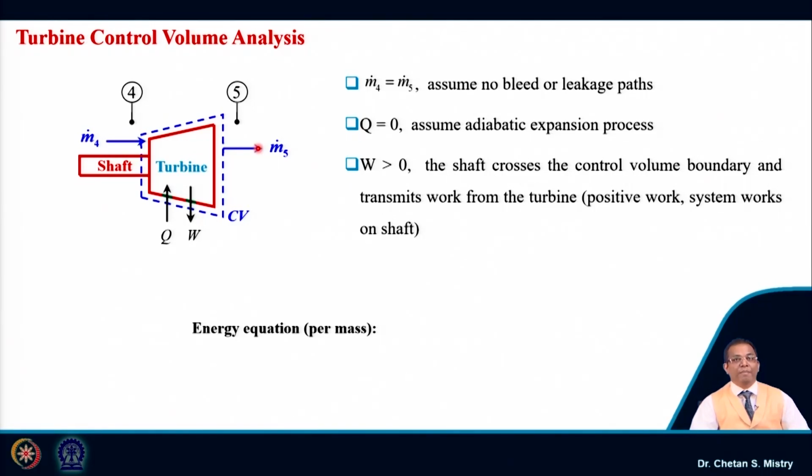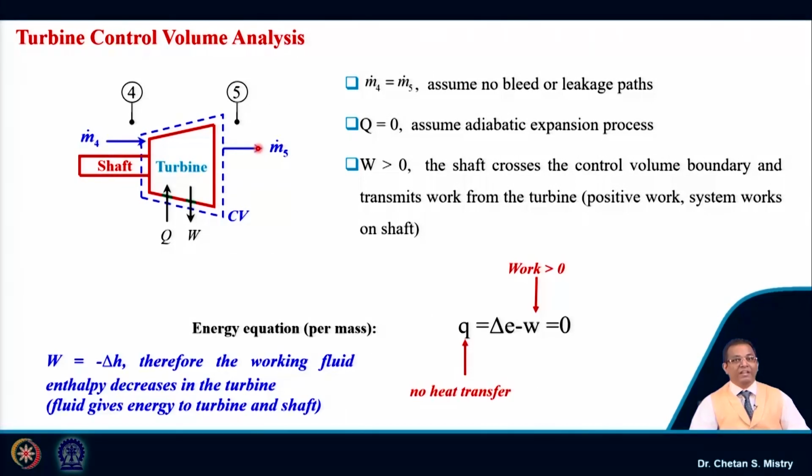We can say it is an adiabatic process where my Q is 0. My W here is greater than 0, because my shaft work is crossing the boundary. We are getting work from the turbine, and that is why this represents positive work.